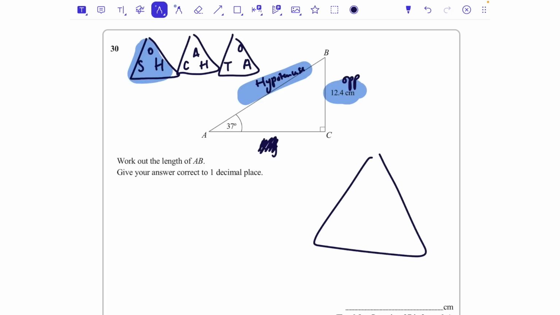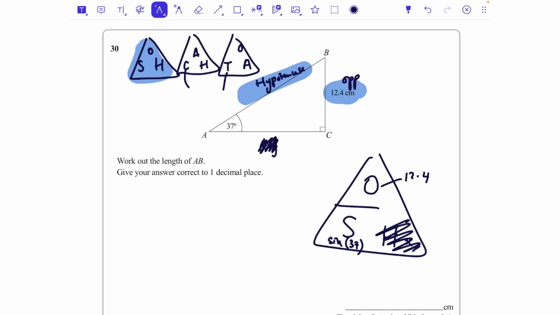Now, in that SO triangle, the S stands for sine of the angle, so sine 37. If we were using CA, it would be cos 37. If we were using TOA, it would be tan 37. The O is the opposite, so that's 12.4. And the hypotenuse is what we're trying to work out. Cover up the thing you want to know and do the sum that's left behind.